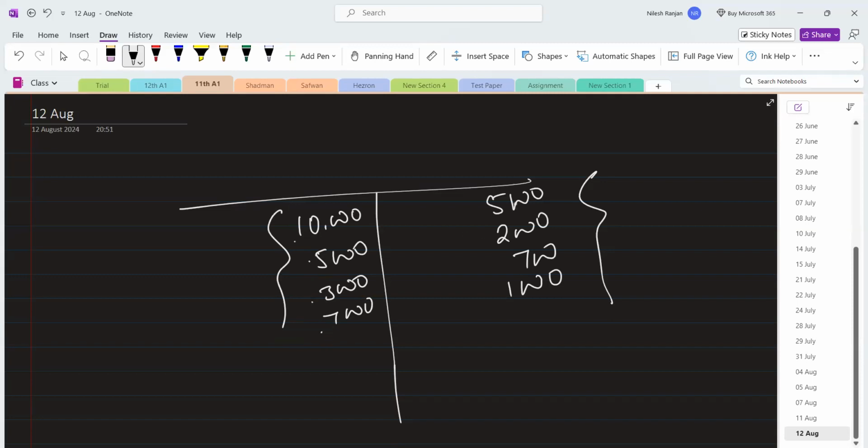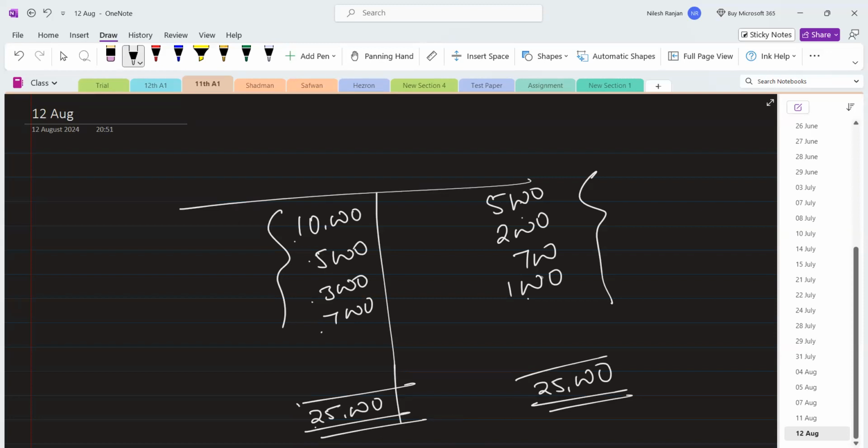On the credit side, it is 5, 2, 7, 7, 1, 8, 8,700. You have to see which one is higher. The debit side total is higher, so we will write this debit side total on both sides: 25,000, 25,000.